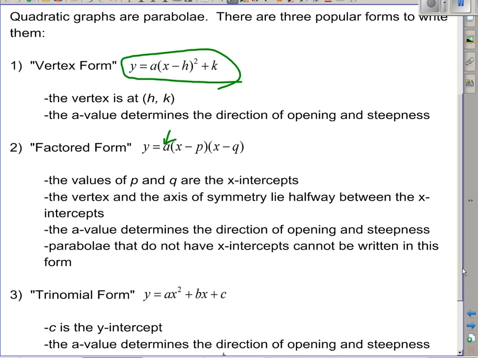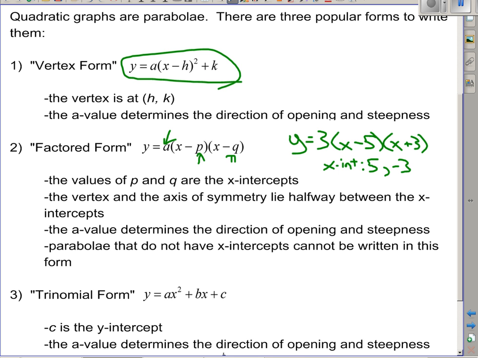The vertex and axis of symmetry lie halfway in between the x-intercepts, and the x-intercepts are given here as p and q. So if I had y equals 3 times x minus 5 and x plus 3, this would give us a parabola that opens upwards, that's somewhat steep because it's got a 3 in front, but most importantly that has x-intercepts at 5 and at -3.